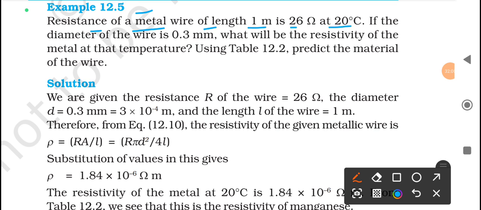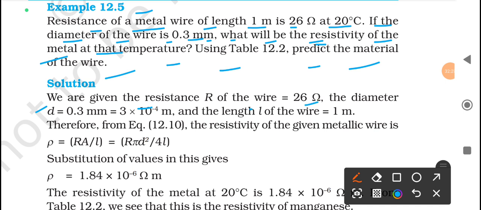Example 12.5. Resistance of a metal wire of length 1 meter is 26 ohm at 20 degrees Celsius. If the diameter of the wire is 0.3 millimeter, what will be the resistivity of the metal at that temperature?